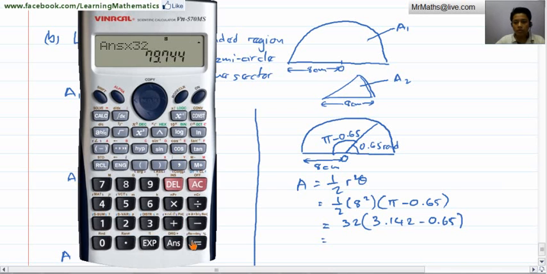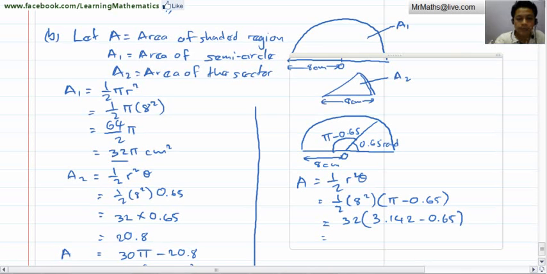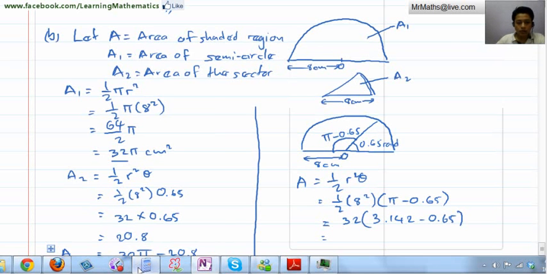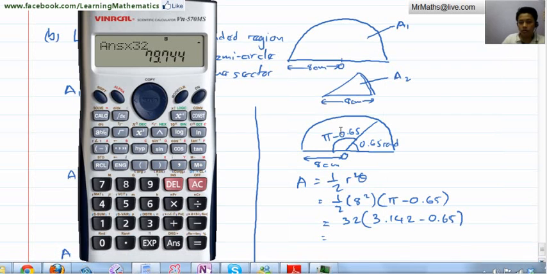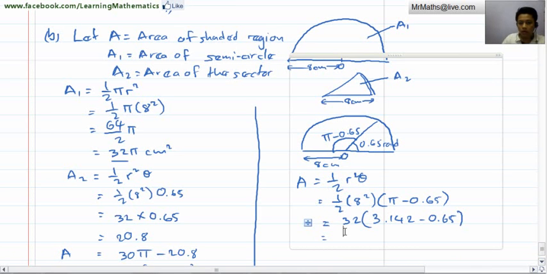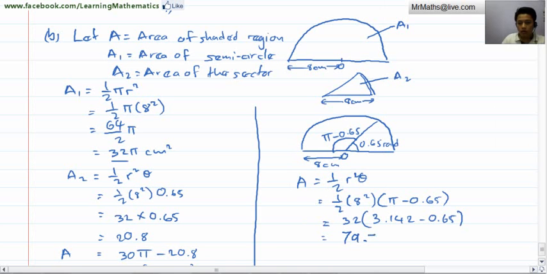Let me check. Just now we got the answer 79.744 here. Let me just write it down. 79.744 cm squared. This step looks correct. I have already checked it twice.